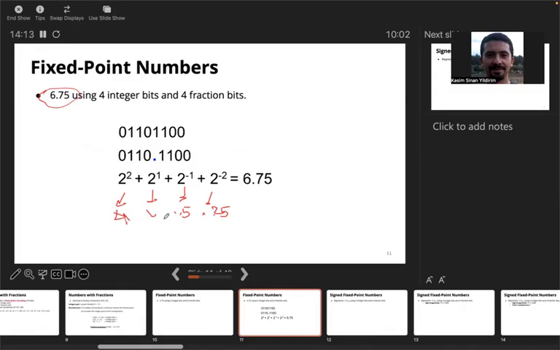Is it clear? Basically, we are using the same approach, but we are now considering the fractional part of the number for conversion. And we are doing the conversion separately: first the integer part, then the fractional part.